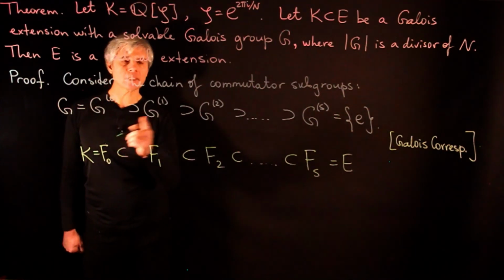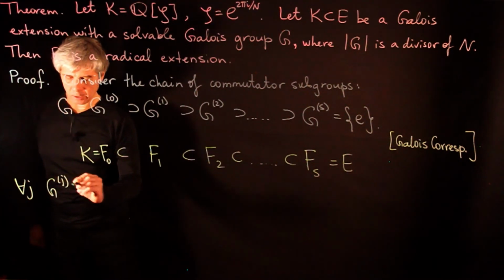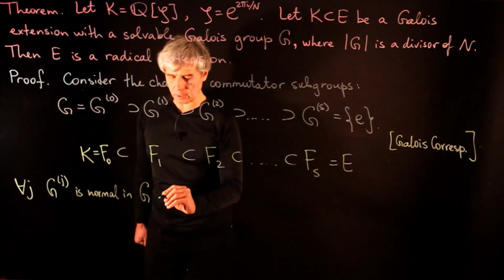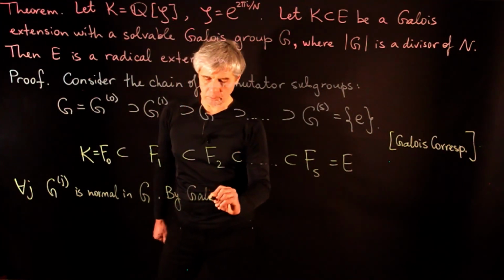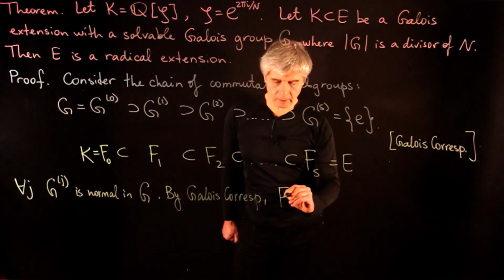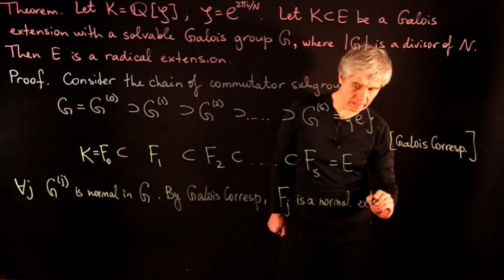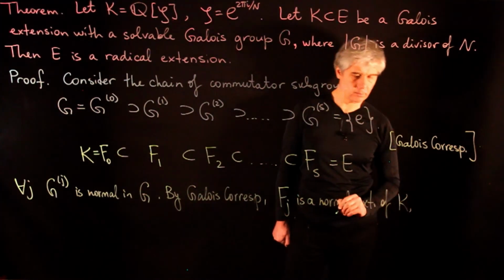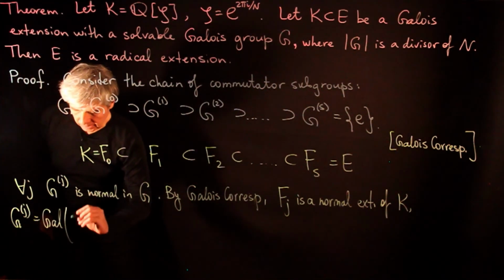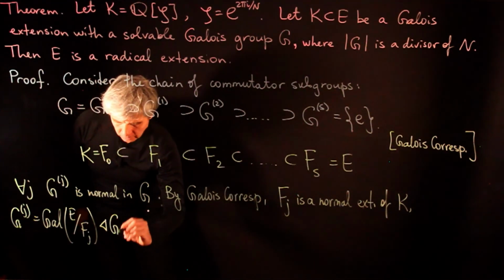We know that all commutator subgroups are normal in G. So we have that for every j, Gj is normal in G. So by Galois correspondence, we know that the corresponding subfield Fj is a normal extension, and thus a Galois extension of K. So we have that Gj is the Galois group of E over Fj, and this is normal in Gj minus 1.